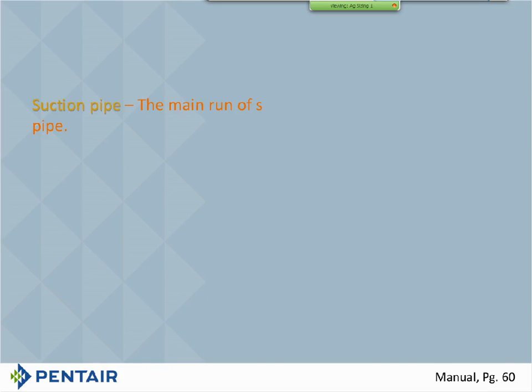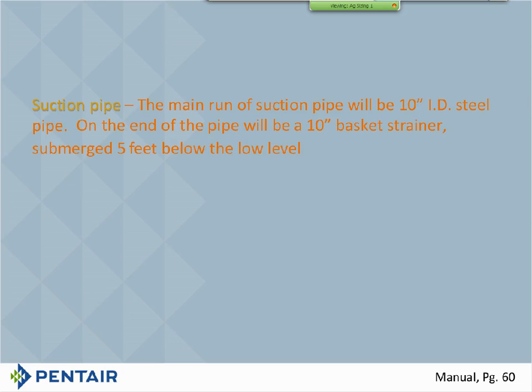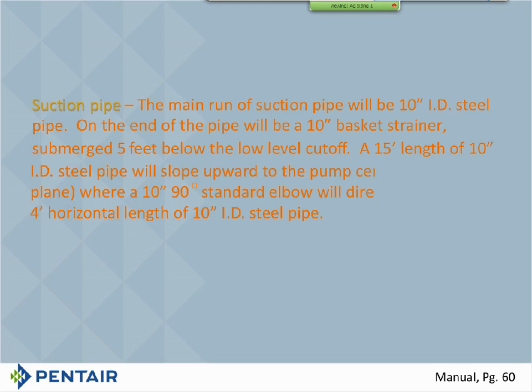Now let's read a little bit about our suction side. The main run of the suction pipe will be 10-inch ID steel pipe. On the end of the pipe, there will be a 10-inch basket strainer submerged 5 feet below the low-level cutoff. A 15-foot length of 10-inch ID steel pipe will slope upward to the pump center line, which we call the datum plane, where a 10-inch 90-degree standard elbow will direct the flow into a 4-foot length of horizontal pipe, 10 inches in diameter.